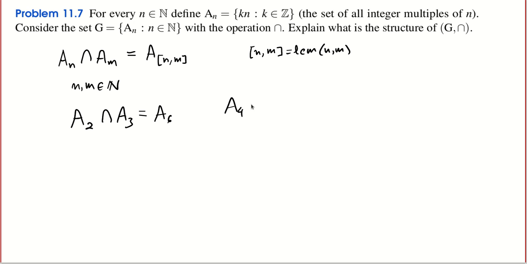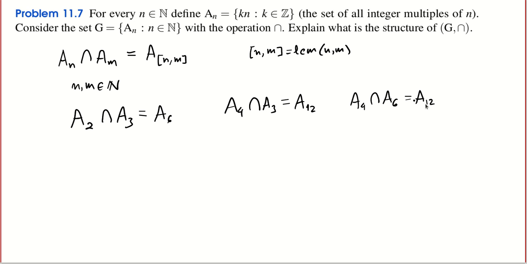Similarly, a4 intersection a3 is a12. Or a4 intersection a6: the least common multiple is 12, so again a12.